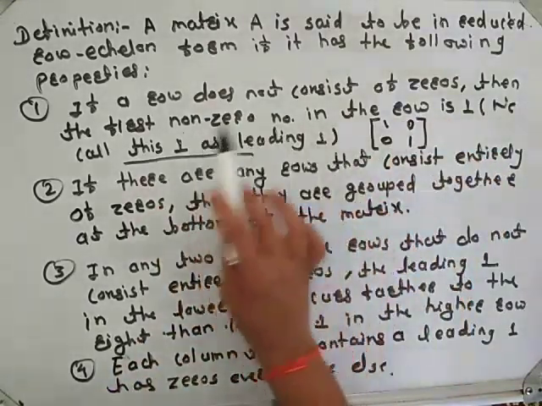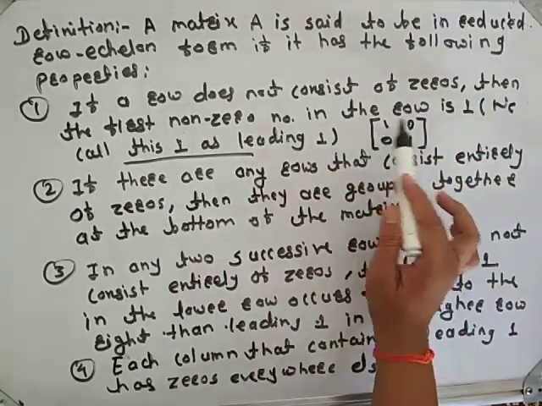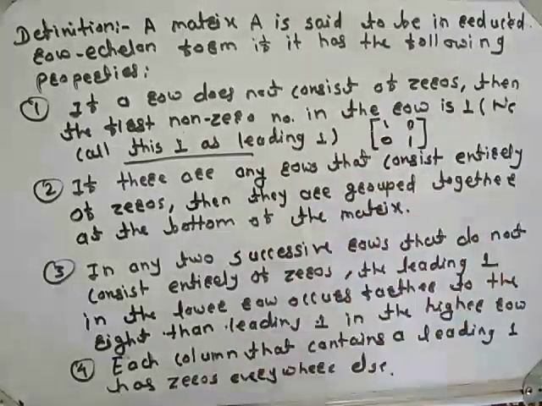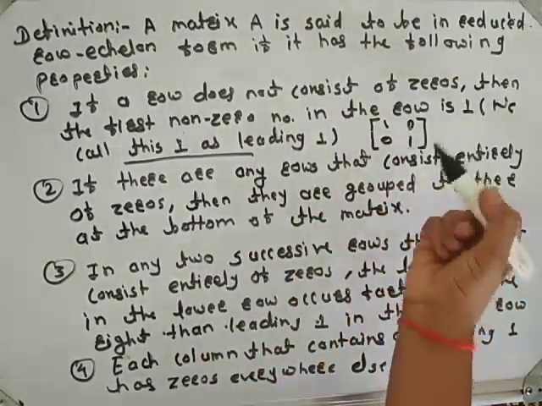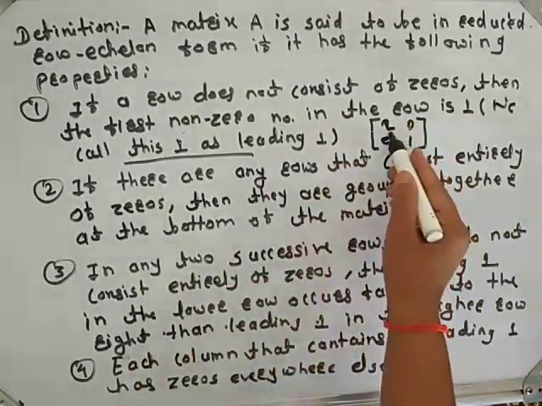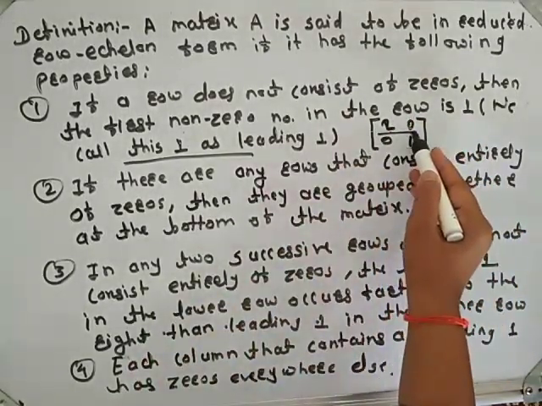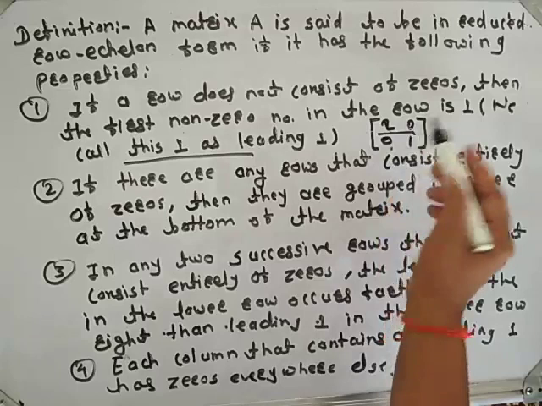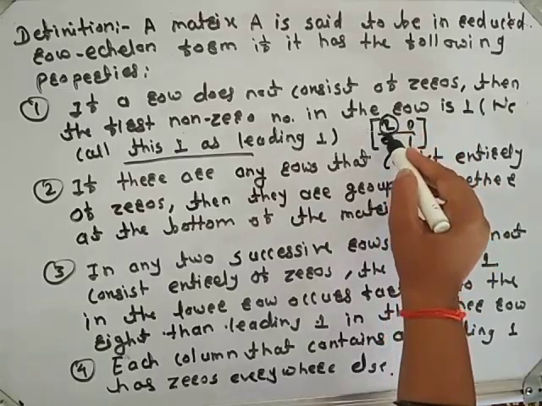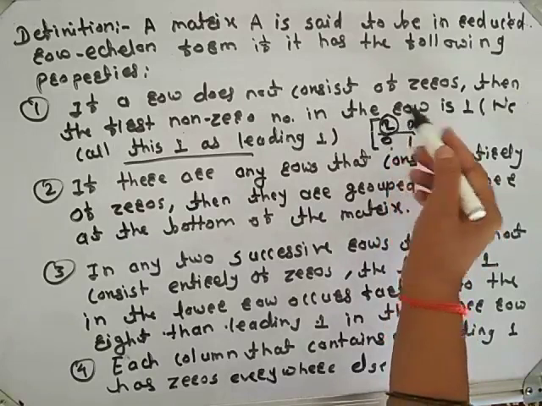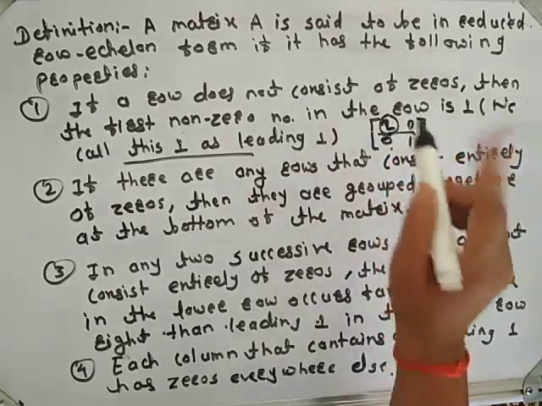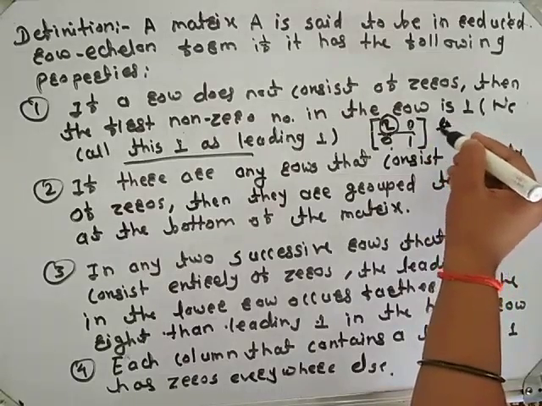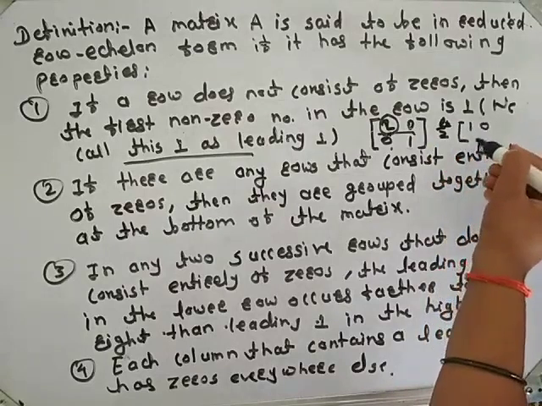In this matrix, this one is a leading one for this row, and this one is a leading one for this row. If here is 2, then this is a leading entry for this row. But if we want to convert this matrix into row echelon form, here is 2, and it goes to row echelon form if this 2 becomes 1. So here we have to perform a row operation R1 upon 2.